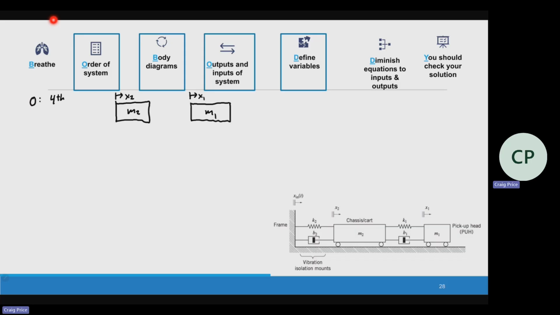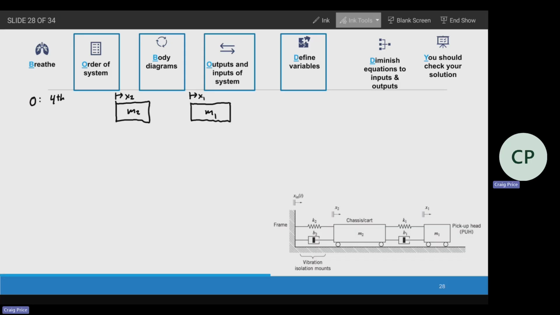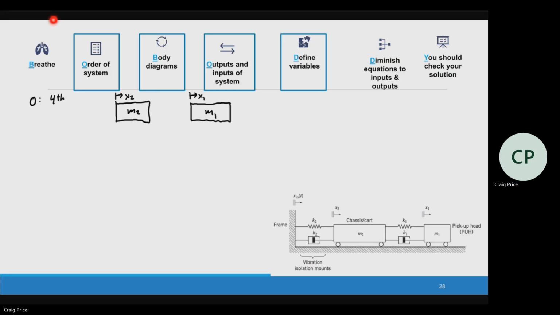Now we've got to put our forces in. Let's start with K2, right there between the frame and the chassis or the cart. Which way should that act on mass 2? This spring is attached to two things that can move. The frame, that's kind of my input, X in, is going to move.